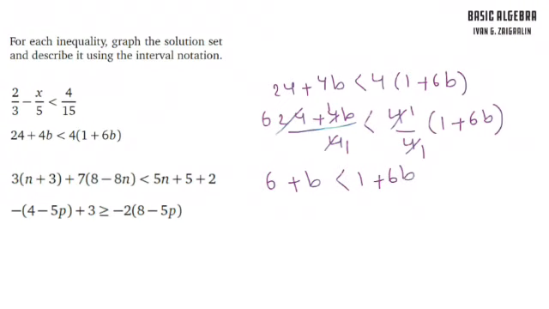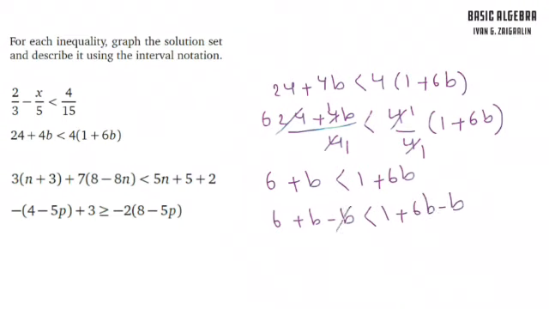So we add a negative b to each side. So 6 plus b minus b is less than 1 plus 6b minus b.